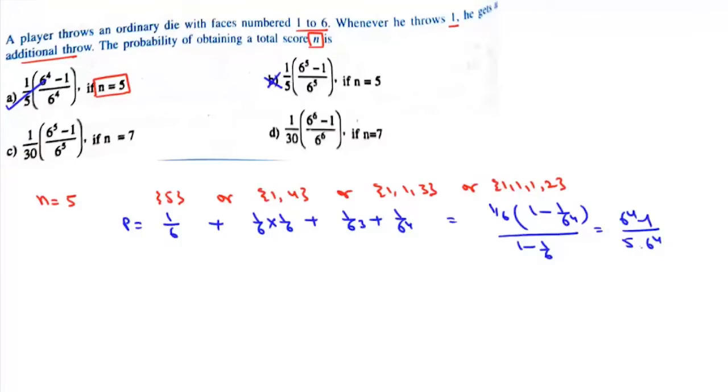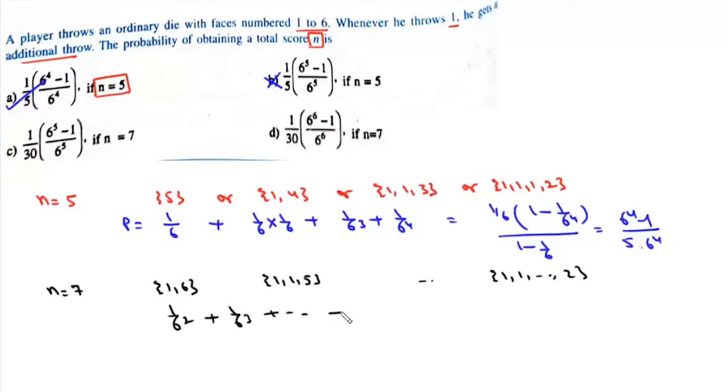Now if the value of n is 7, it will be this 1, 6 or 1, 1, 5, or it will be this 1, 1, 1 up to 2. Now here we have 1 upon 6 square, 1 upon 6 cube, up to 1 upon 6 to the power 6.